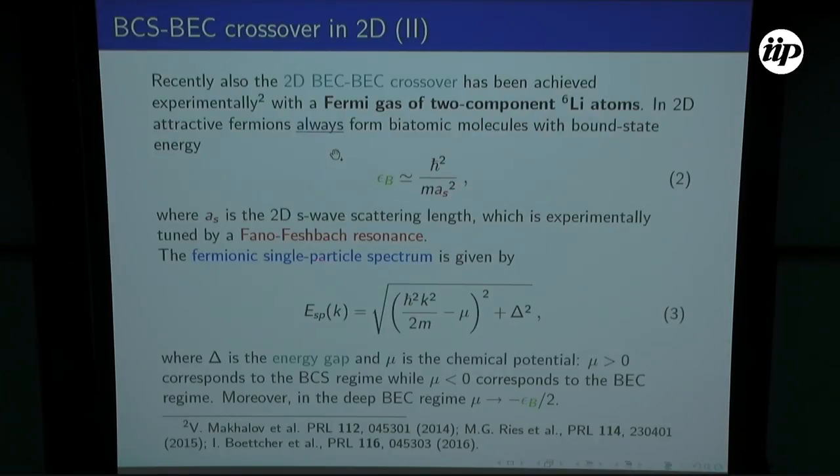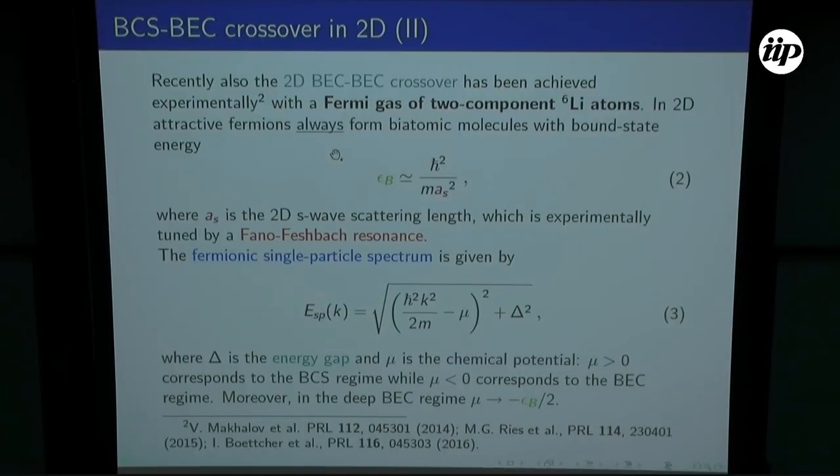And if you consider the familiar fermionic single particle spectrum of BCS theory, you have the gap and the chemical potential, and in the BCS-BEC crossover, these parameters depend on the interaction. If you are in the deep BCS regime, delta obviously is very small, and the chemical potential is practically the chemical potential of non-interacting fermions.